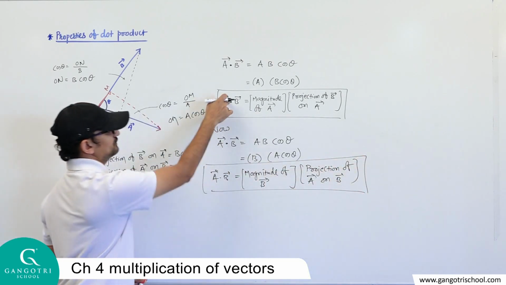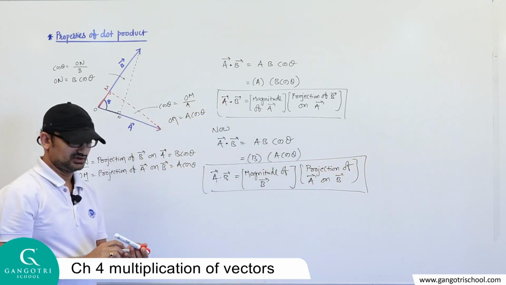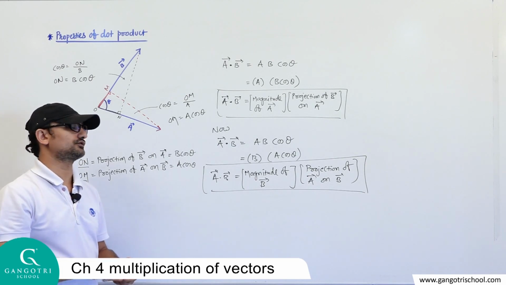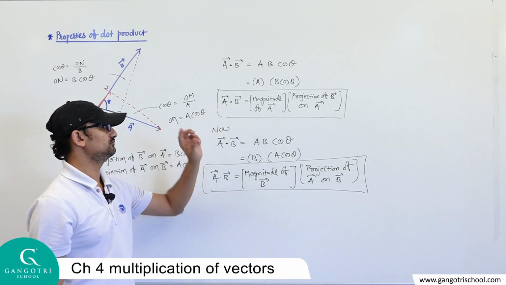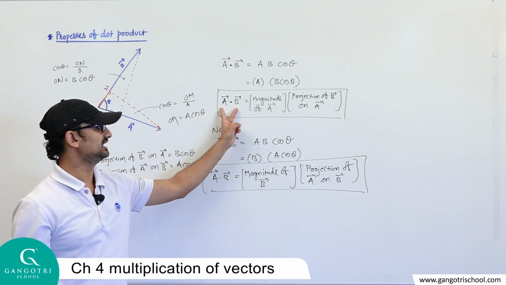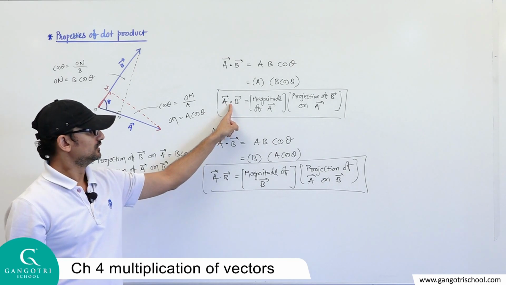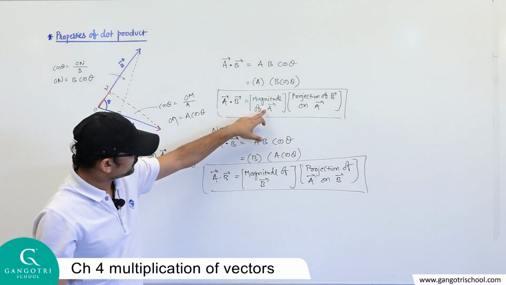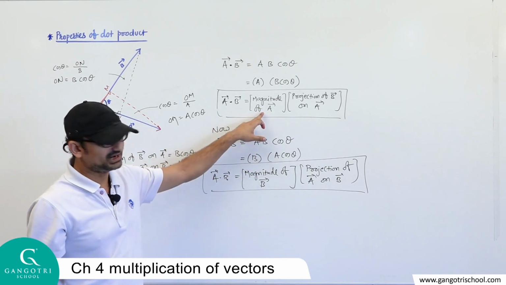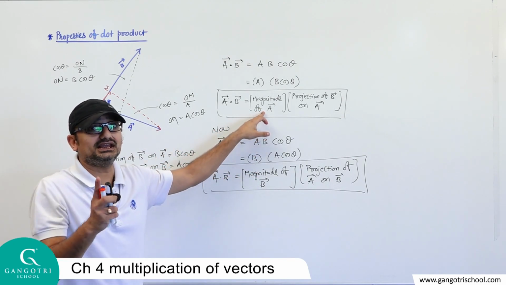Now check these two equations written in the box and obtain the conclusion from them. We have two vectors A and B, and in between there is a dot product. In the first bracket, you can write the magnitude of any one of the vectors.